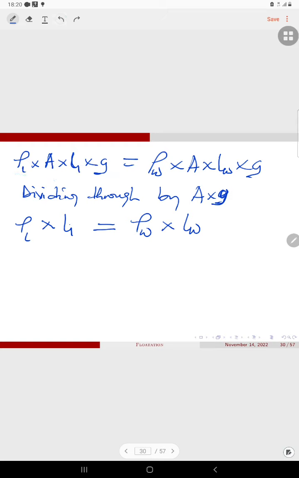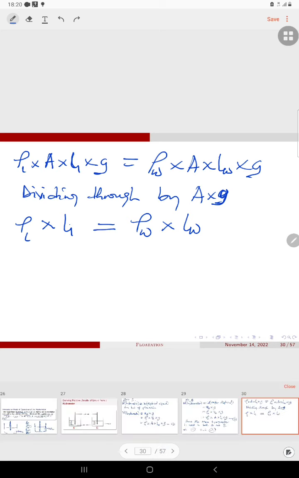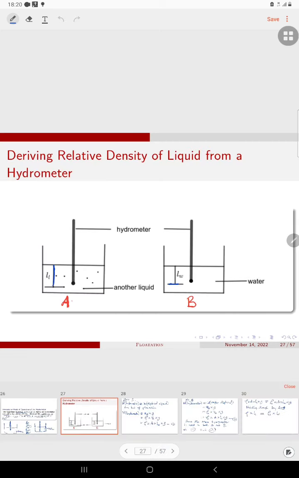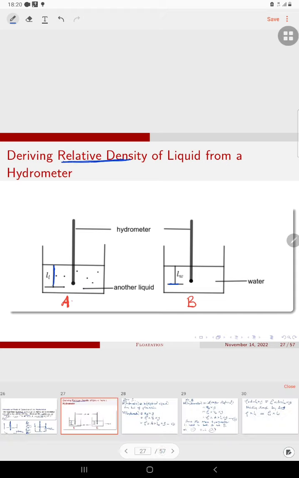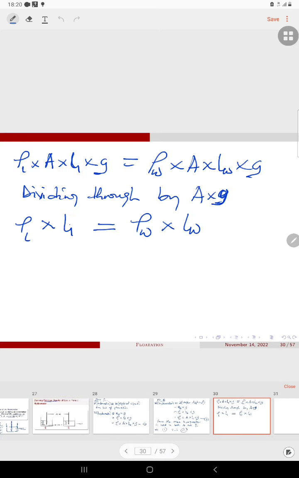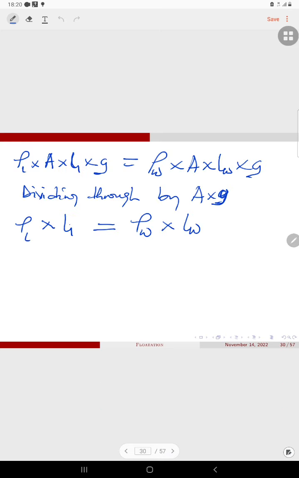So, don't forget, our focus is that we want to derive the relative density of the liquid. And we know that relative density is density of a liquid over density of water. So here my focus is I want to make rho L over rho W the subject, because if I make it the subject, then that becomes the relative density.